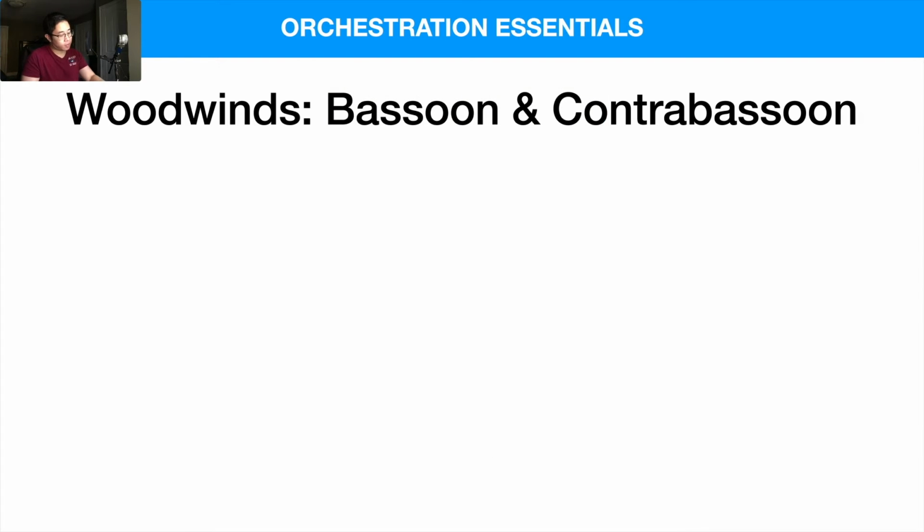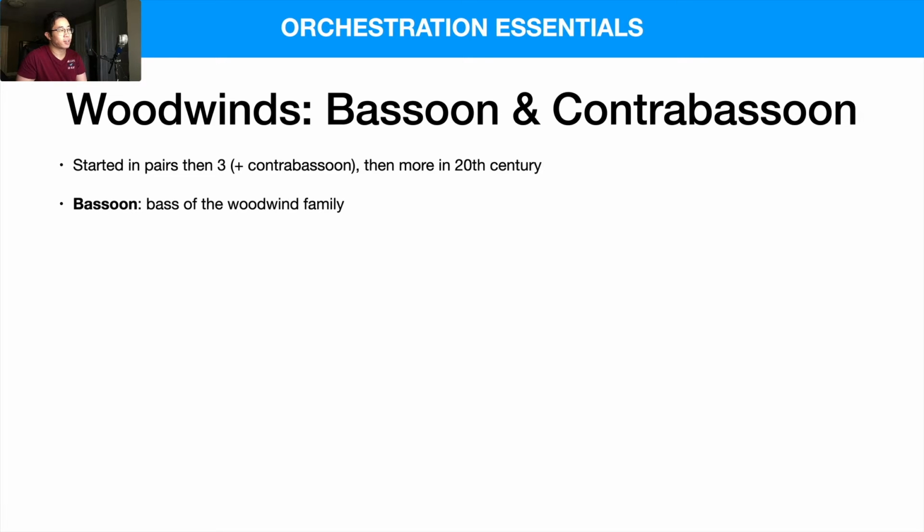So let's dive into these instruments and see what they're all about. I see the bassoon as the base of the woodwind family in a way. Even though it can go super high, the lower registers really fill it out beautifully.